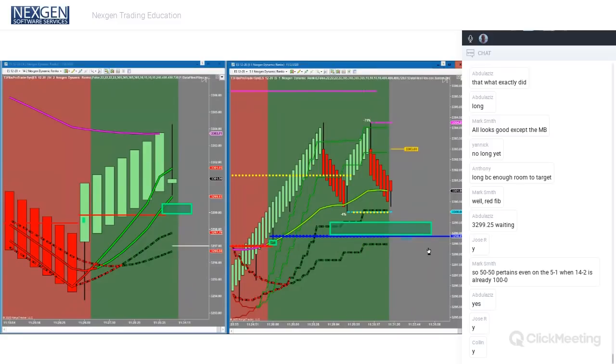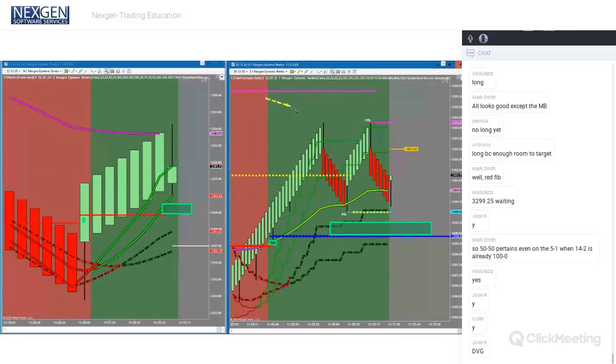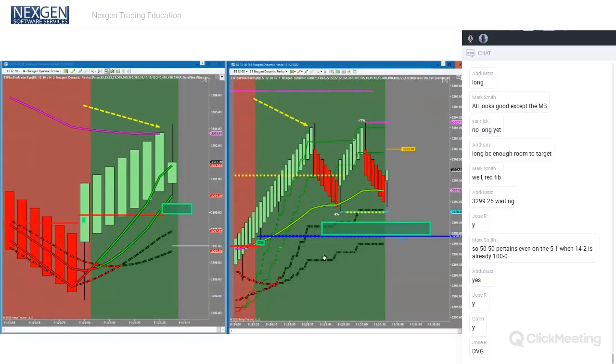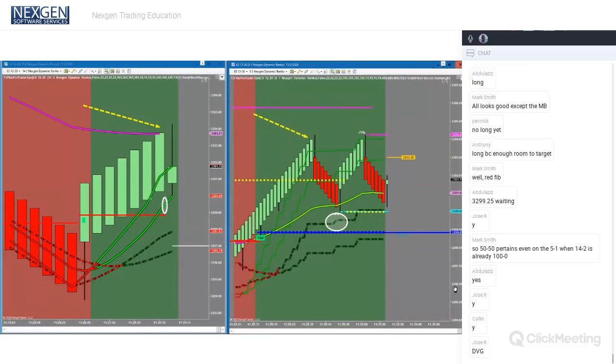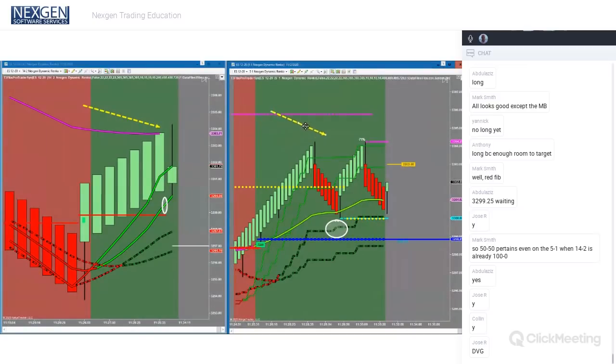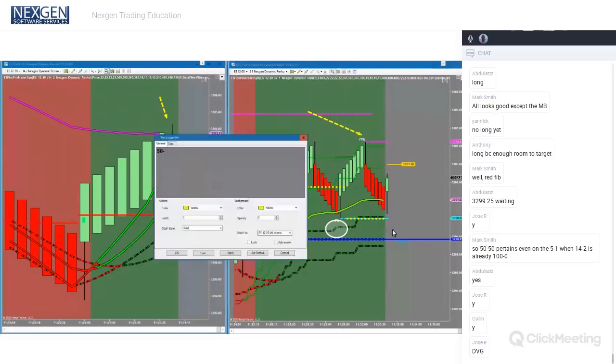So you have to look ahead of time. Over here, there was nothing wrong. So if you would have gotten here, it would have been perfect. Now you've got divergence ahead of a 50-50. Right?